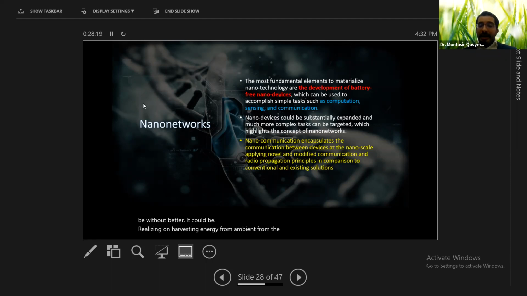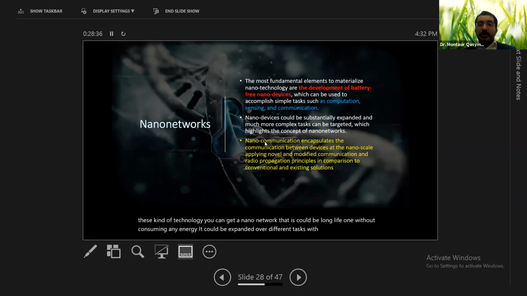So thanks to this technology, you can get a long-life nano network without consuming any energy. It could be expanded over different tasks with different applications.